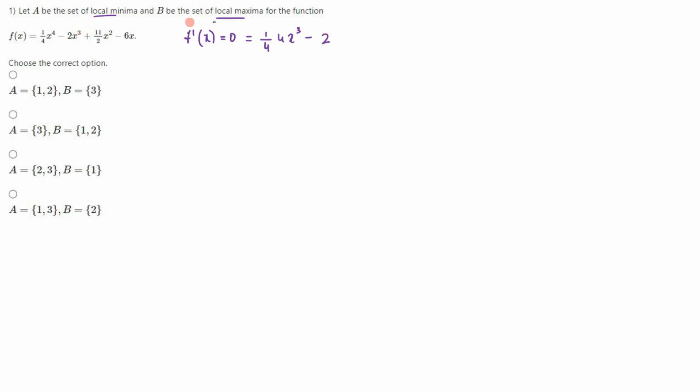Differentiation of x cube is 3x square, plus 11 by 2 into differentiation of x square, which is 2x, minus 6 as it is, and differentiation of x is 1. So that is nothing but 0 equal to x cube minus 6x square plus 11x minus 6, as the 4 and 4 cancel.